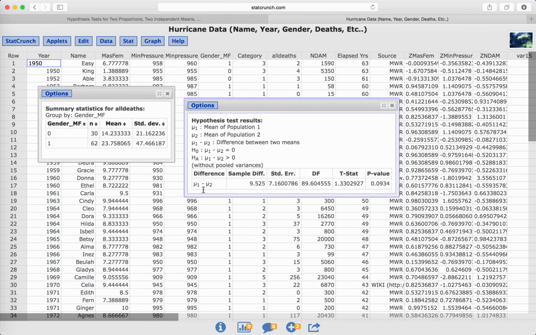I'm given the parameters in the difference format, the sample difference, so that's the mean difference between them. There's approximately a 9.5 difference in the number of deaths on average between them. The standard error is 7.16. There are 89.6 degrees of freedom. The t-stat is 1.33. And finally, the p-value is 0.0934. So approximately 0.09.